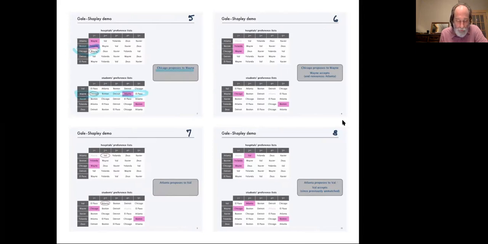So Wayne will accept Chicago's offer and reject Atlanta. So now we have this partial matching, with Yolanda and Wayne. And Atlanta now is unmatched, but Wayne has been removed from Atlanta's list of candidates to make an offer to.